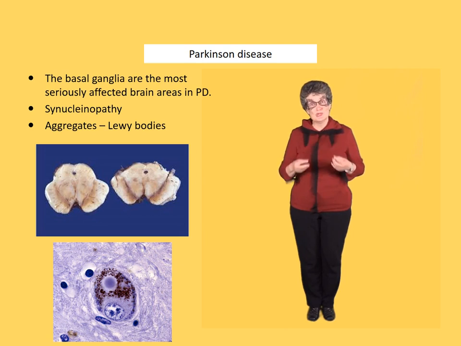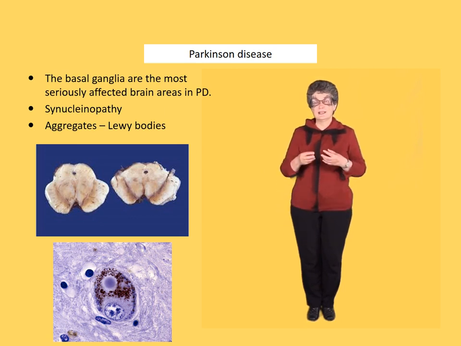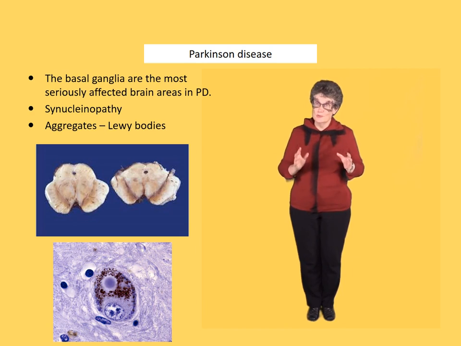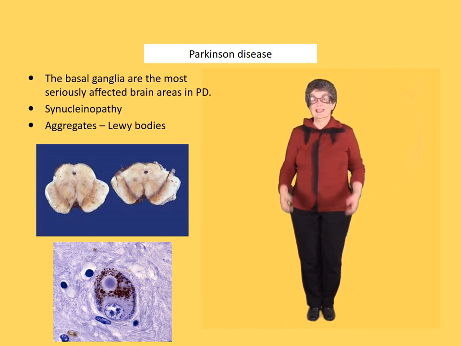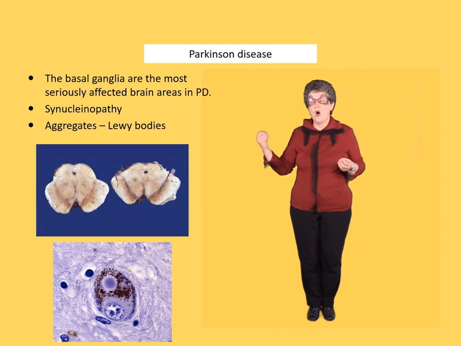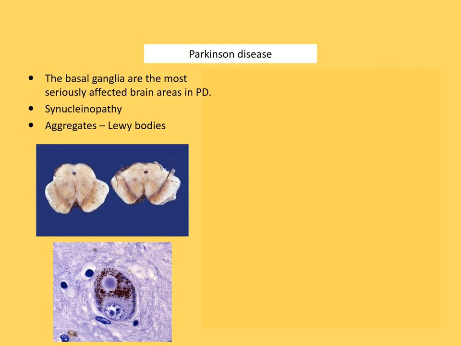It's the distribution of them that means the two diseases have different symptoms. In Parkinson's disease, they accumulate in the substantia nigra, hence the movement disorders. In Lewy body disease, they accumulate mainly in neurons in the frontal lobes, so we get a more obvious dementia.